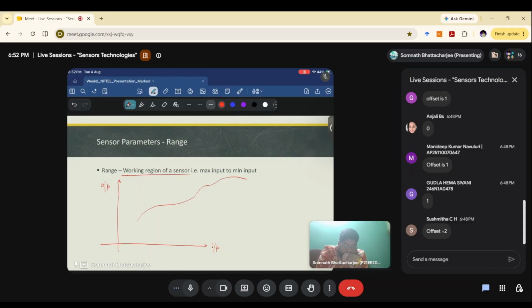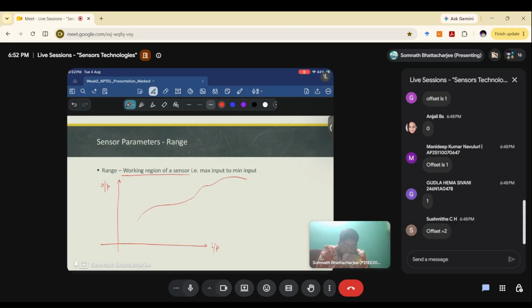It's very simple, right? Now for this case, let's say we have something like this. This is our input, this is our output.